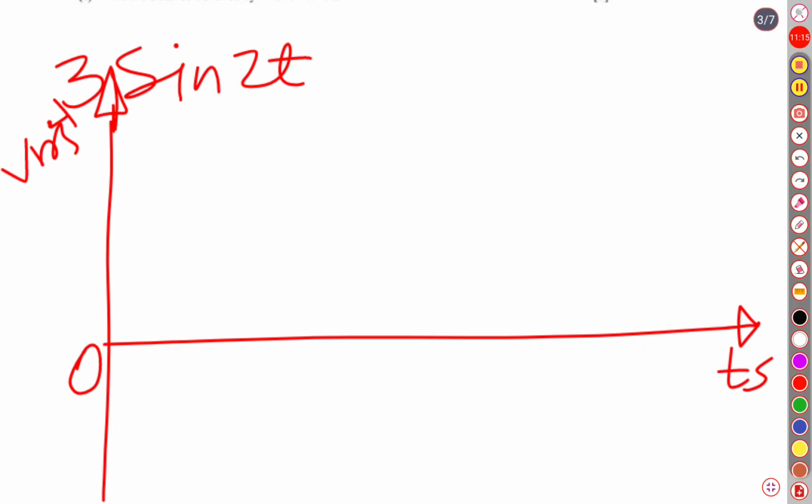Then let's see how much the amplitude is. On the horizontal axis we'll write pi over 4, then pi over 2, then 3 pi over 4, then pi. When you sketch a graph, first we have to find the line of equation.